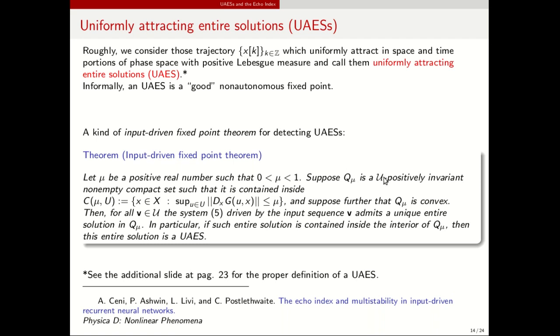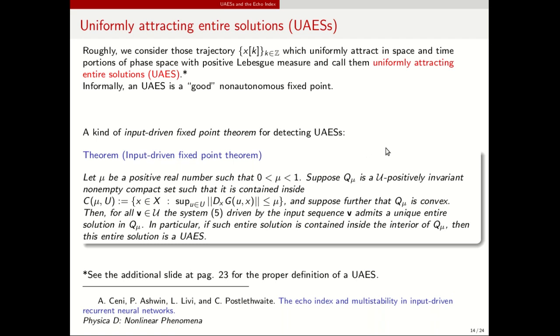Being positively invariant means that if we get inside this compact subset, we won't get outside of it. So we get trapped inside this set. That's what roughly means being positively invariant.